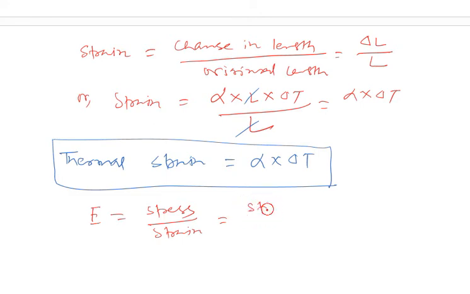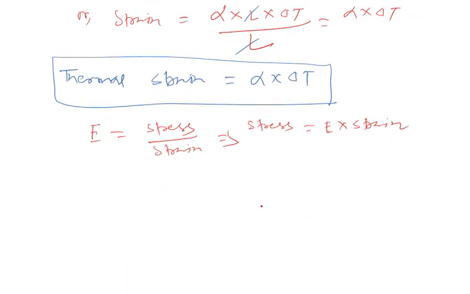So stress will be equal to E into strain, Young's modulus into strain, that is alpha into delta T. Correct?